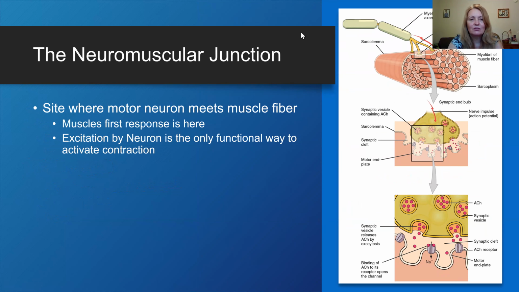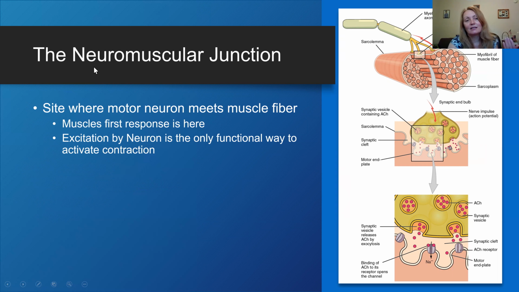We will go into this neuromuscular junction in more detail when we talk about physiology. Right now, I just want to mention that skeletal muscles need activation from your nerves, from neurons, in order to contract. And this area where the motor neuron and muscle fiber meet, we call the neuromuscular junction.